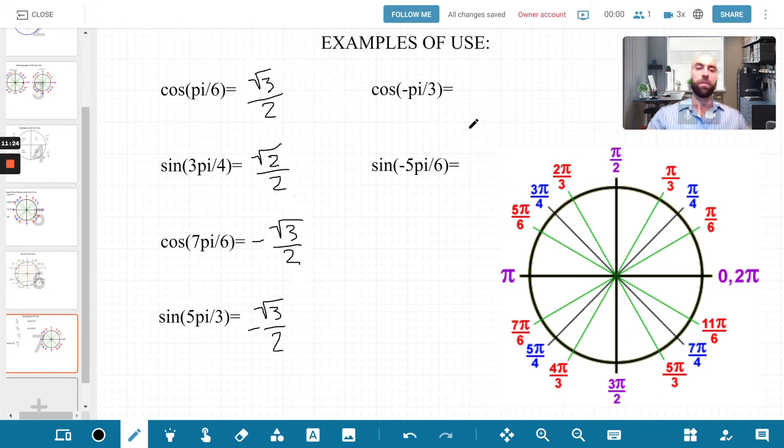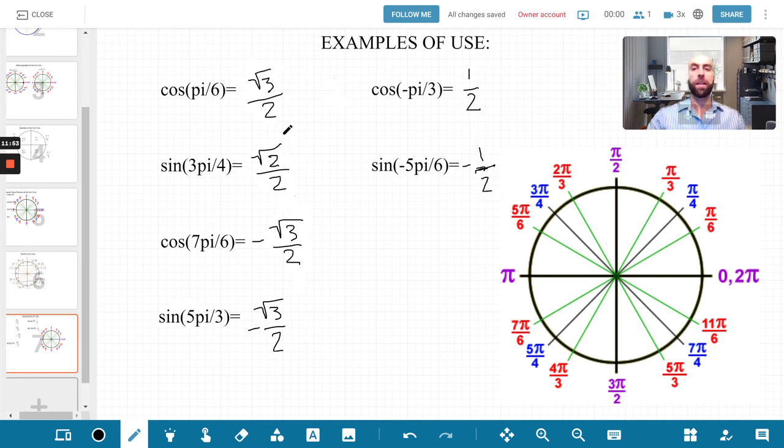So this, since it's in quadrant 4, would be 1/2. Sine of negative 5 pi over 6. 5 pi over 6 is here, but that would be if we're counting counterclockwise. If we go clockwise, it would be the same as the 7 pi over 6 location. And the sine of that point would be negative 1/2.